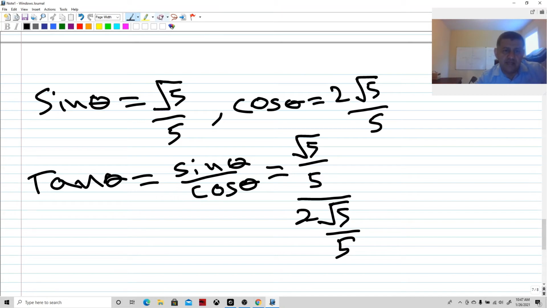And let me just rewrite that because that doesn't look too good. When I did that, I can flip the denominator, because I am dividing, so I have to flip and multiply.